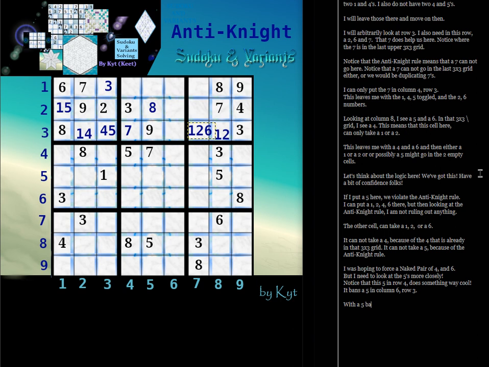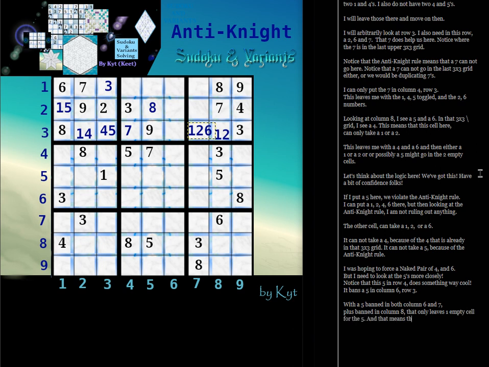With a 5 band in both column 6 and 7, plus a band in column 8, that only leaves one empty cell for the 5.